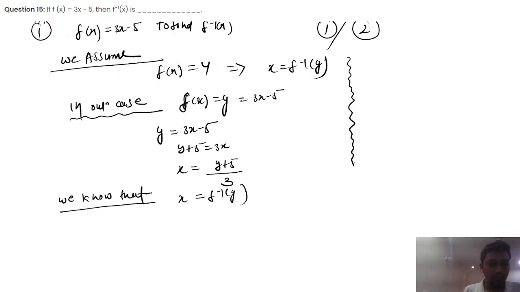So in the place of f inverse y, it is (y plus 5) by 3. And if we convert it in terms of f, then it becomes f inverse x equals (x plus 5) by 3, which is our required solution.